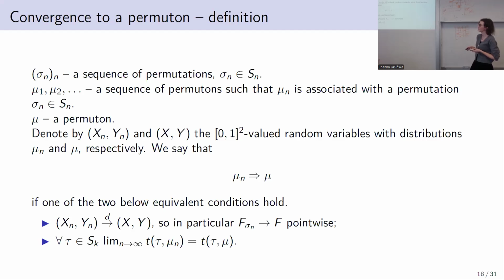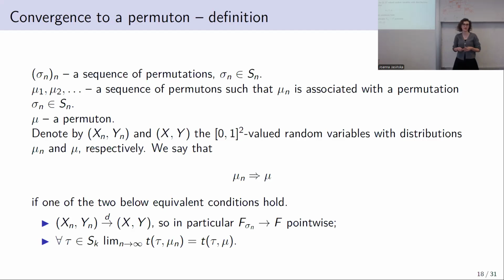I say that mu n converges to mu if a sequence of random variables distributed according to mu n converges in distribution to the pair of random variables distributed from mu. So this is all about convergence in distribution.